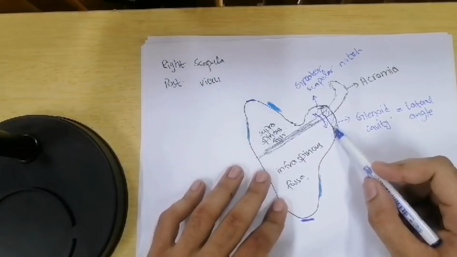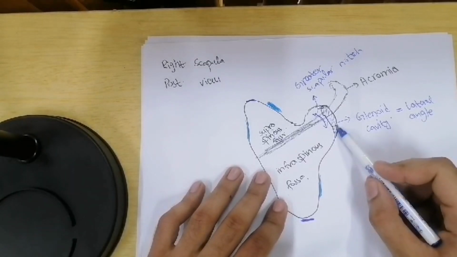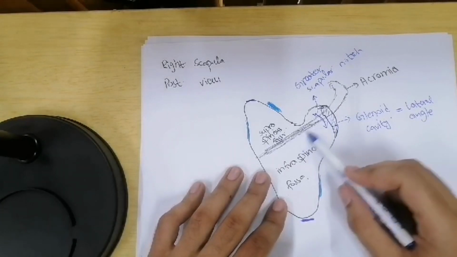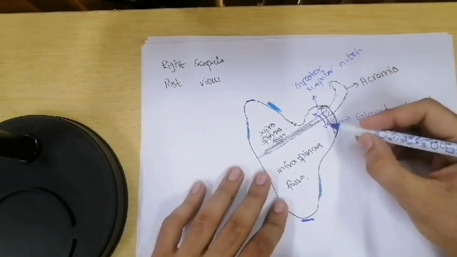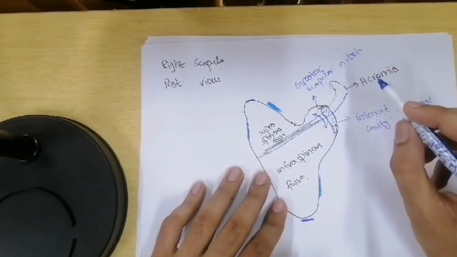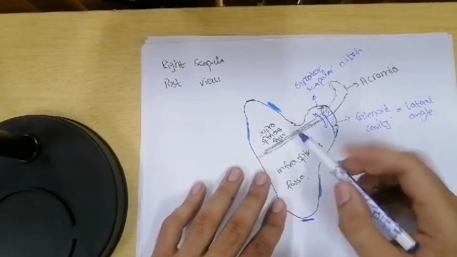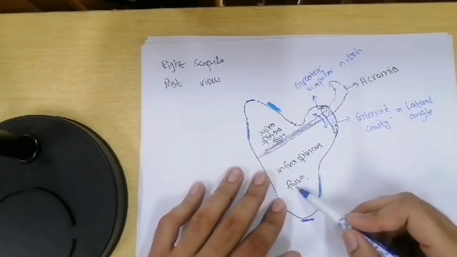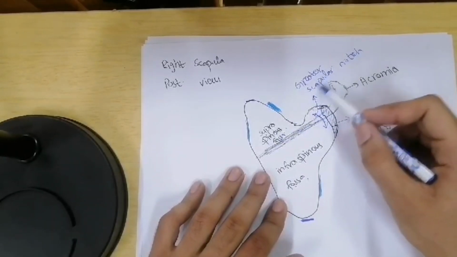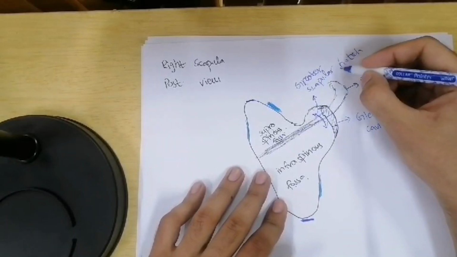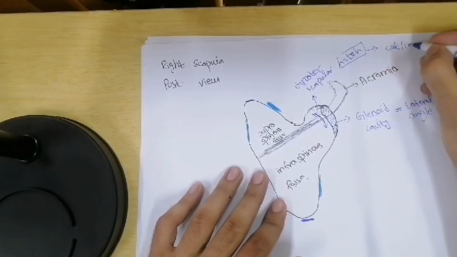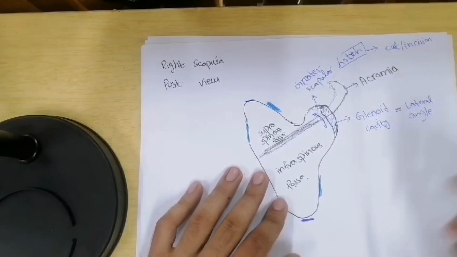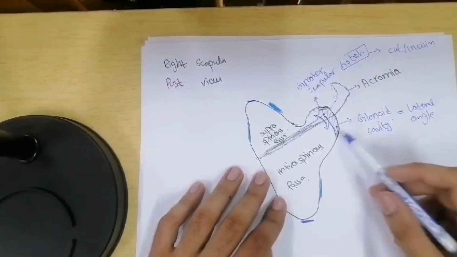The lateral angle is formed by the glenoid cavity, the site of attachment for the head of the humerus, and between the lateral angle and the spine of the scapula there is a notch, which acts as a communicating channel between the supraspinous fossa and the infraspinous fossa. This is known as the greater scapular notch. Wherever the word notch is written, it means cut or incision. Now this is your acromion, glenoid cavity.